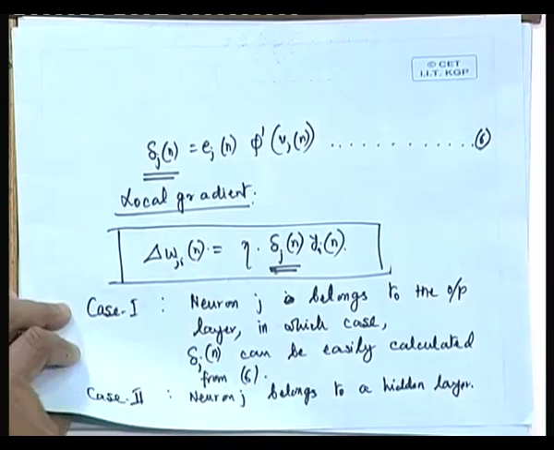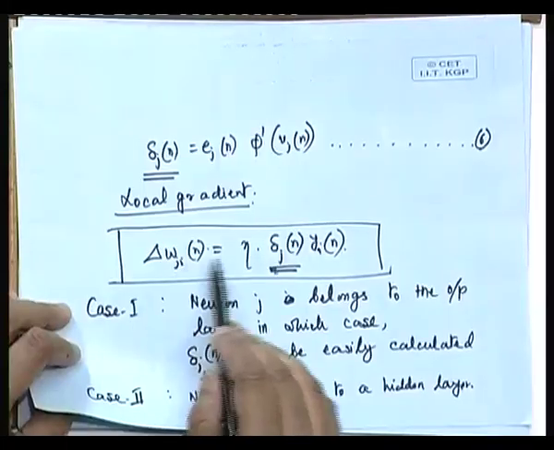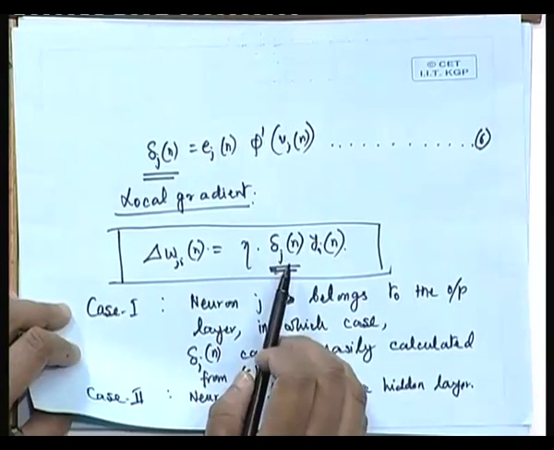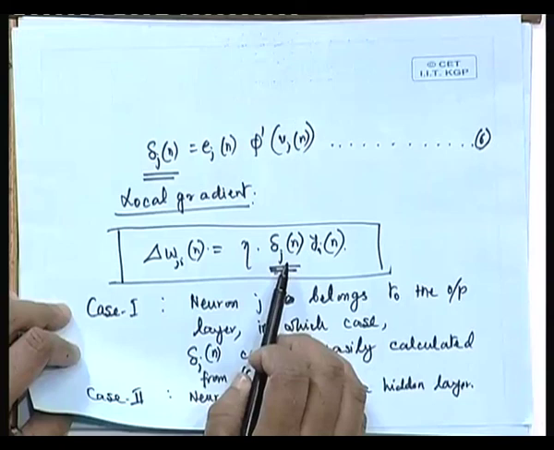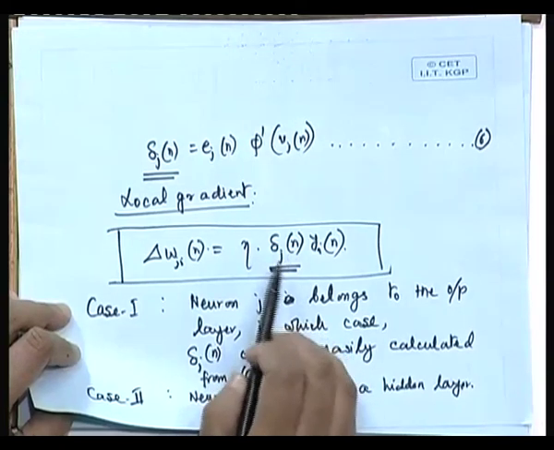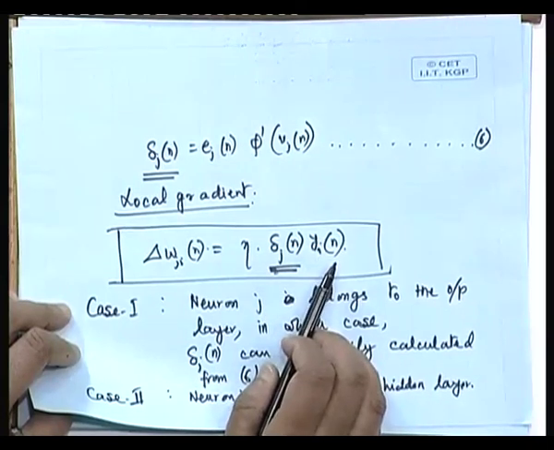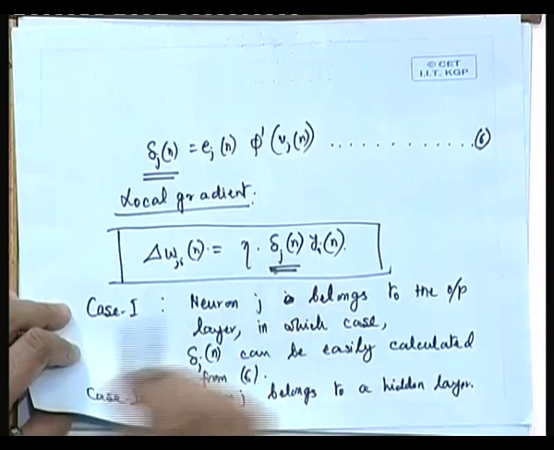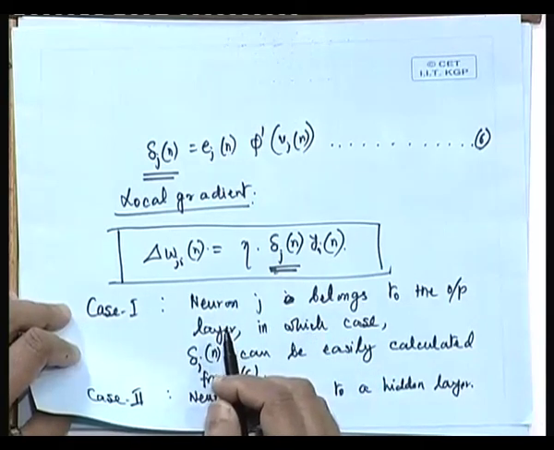Ith is connected to the layer previous to the hidden. Okay. So, delta Wjin will be equal to eta times this delta Jn, okay, but this delta Jn is going to be the local gradient of the jth neuron times Yin, and Yin is the ith input to the hidden layer neuron J, right.